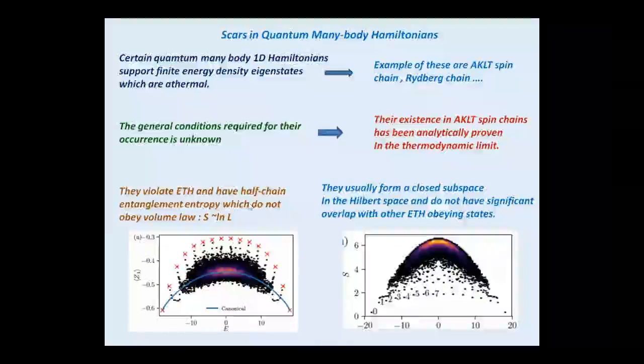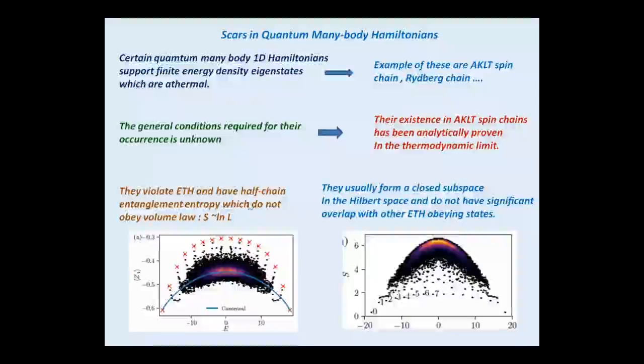However, in the middle of the spectrum, the energy states have a finite energy density, which means that E over V, or in this case E over L for a one-dimensional system, essentially is a constant. These are typically called finite energy density eigenstates, and this is there for any many body Hamiltonian that you can think of.